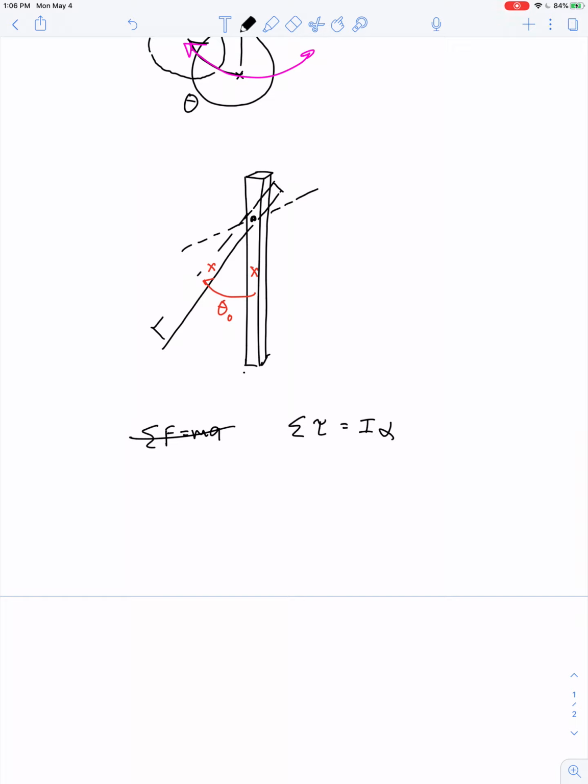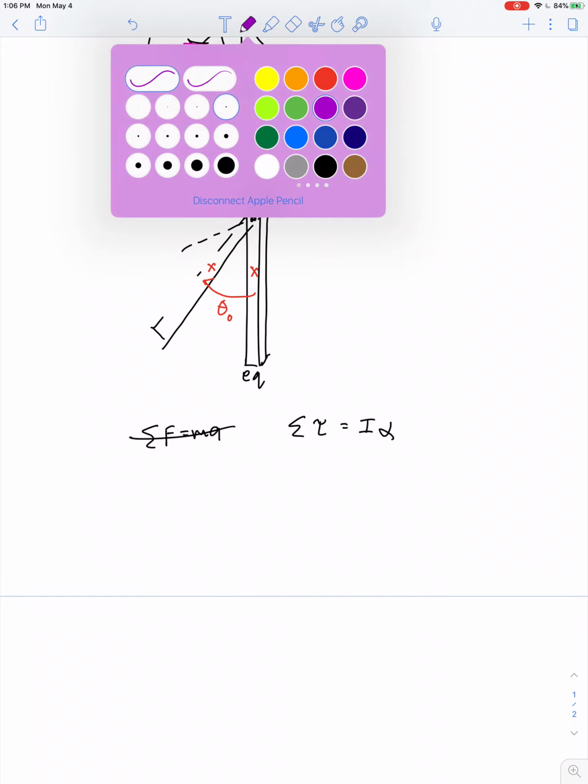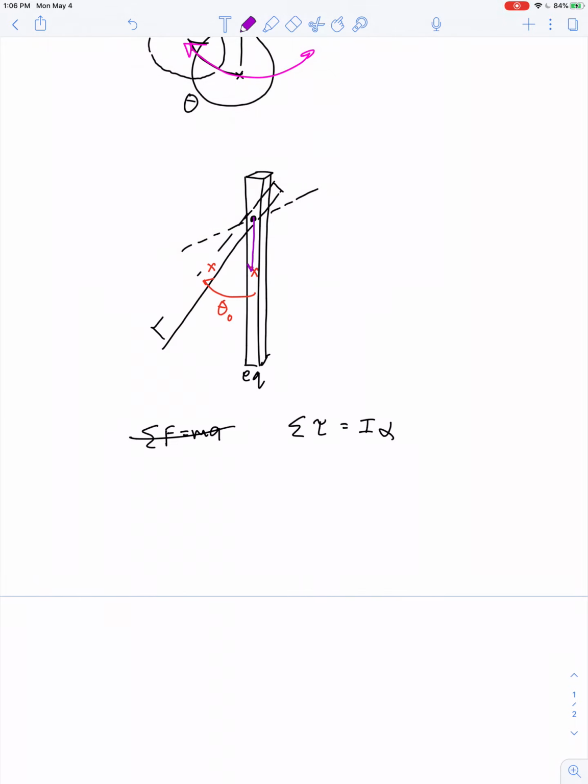Well, when it returns to the equilibrium position where it hangs vertically, there's a lever arm from the axis of rotation to the point where we treat gravity. We say that gravity is a force that acts as if it's exclusively pulling at the center of mass.